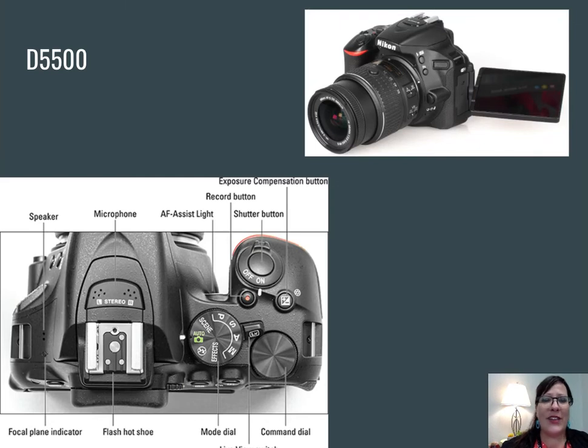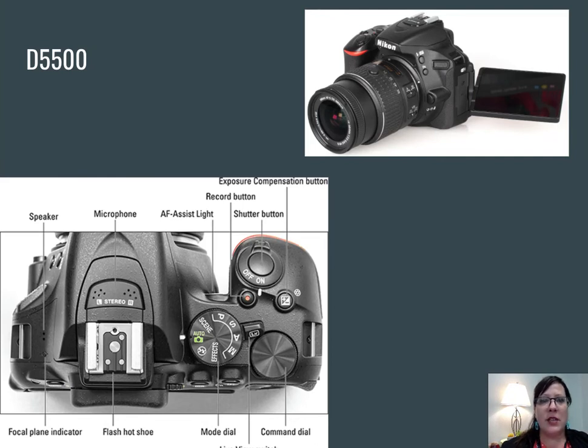So where we're getting fancy is the D5500 and the D5600. These cameras are about $800 to $1,000 a piece, based on what kind of accessories came with them and what kind of lens is on them. So these are the cameras we use for advanced photography and photography lab.